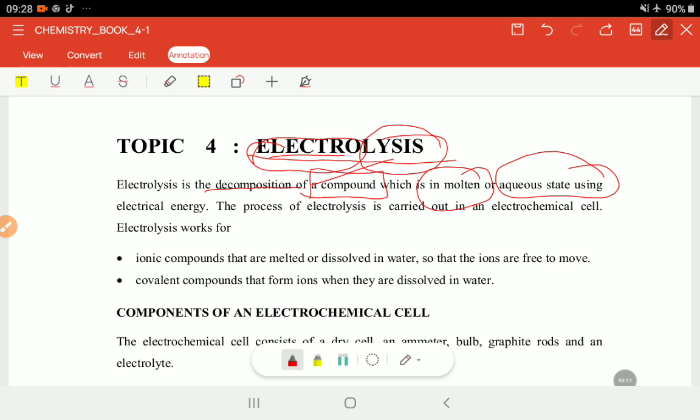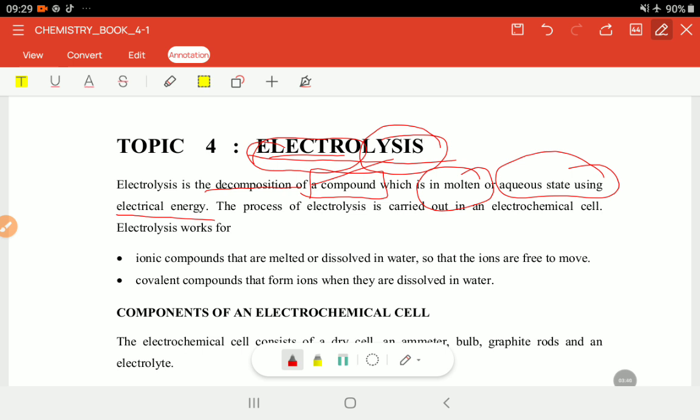So, to put it all together, this is the process whereby compounds that are either in a molten state or aqueous state are decomposed using electrical energy. That's why I said there are two parts, electro and lysis.